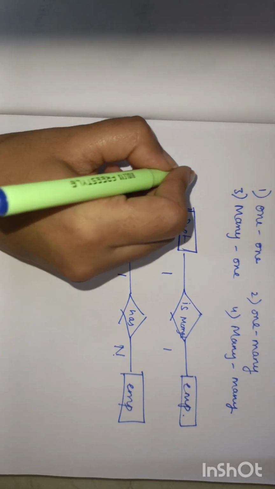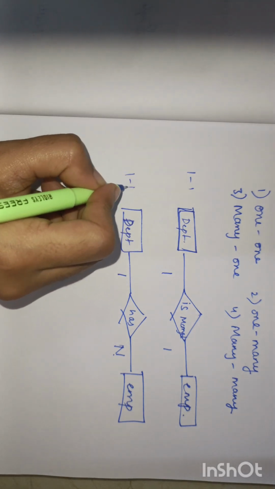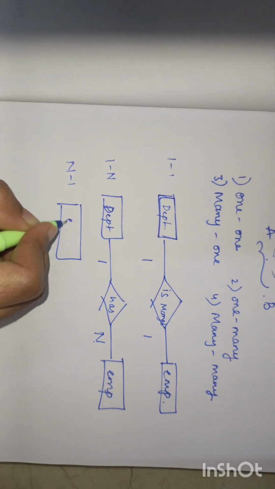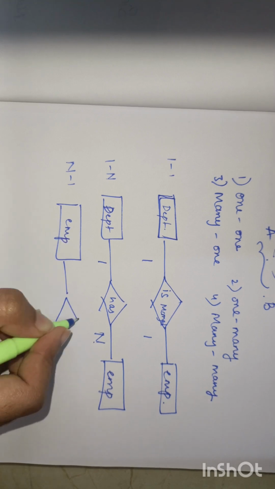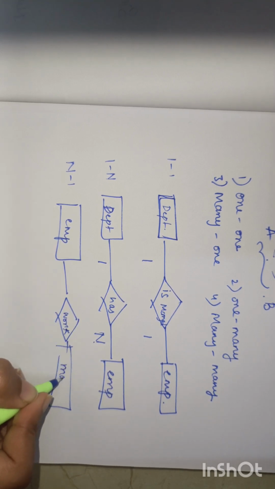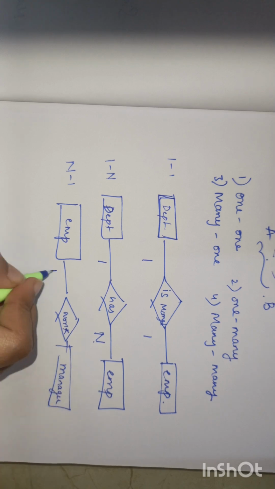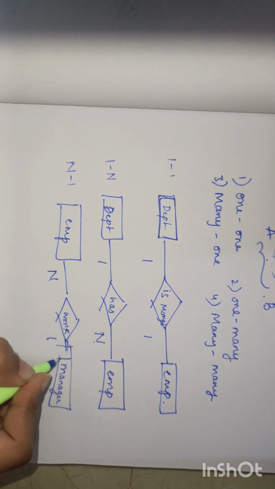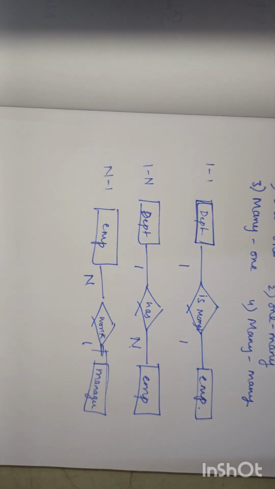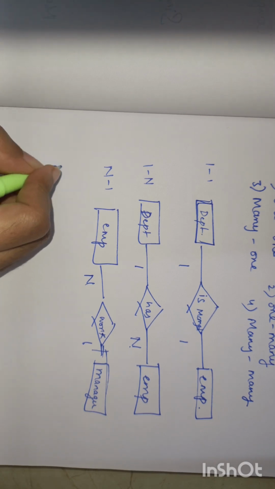This is one to one, this is 1 to n, and this is many to one, which means that, for example, multiple employees can work under a single manager. So this is n to 1. Multiple employees can report under one manager.